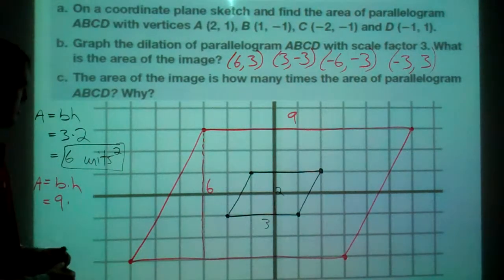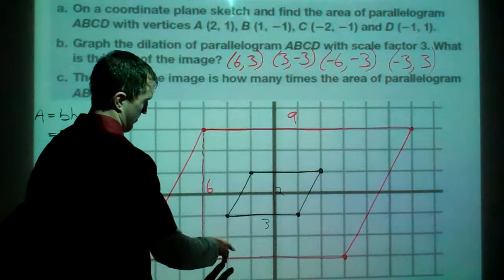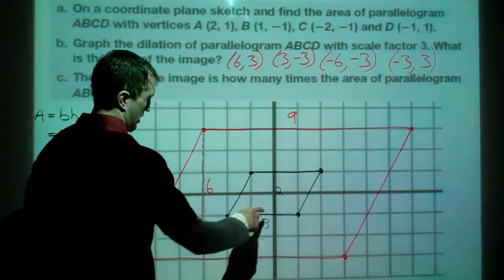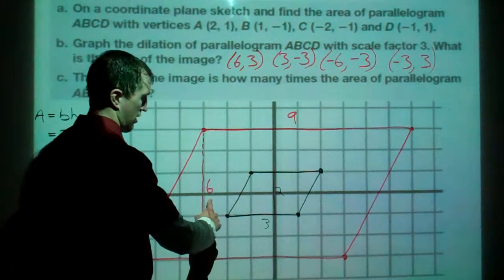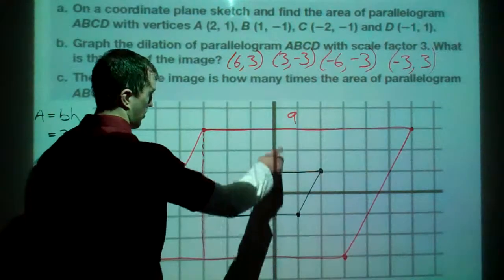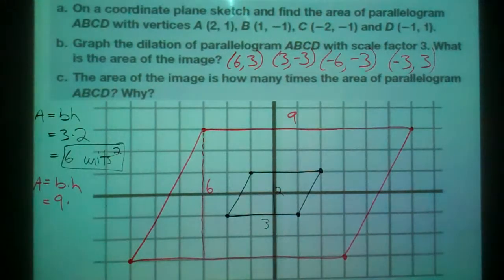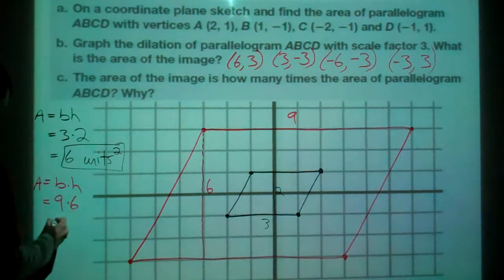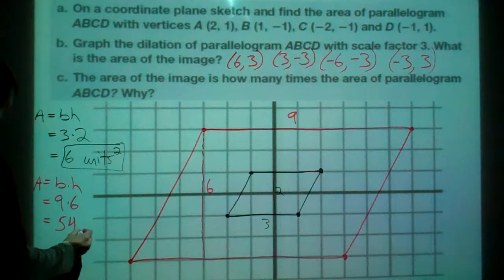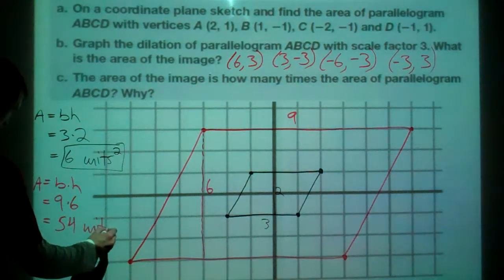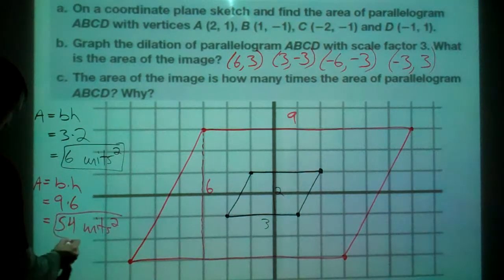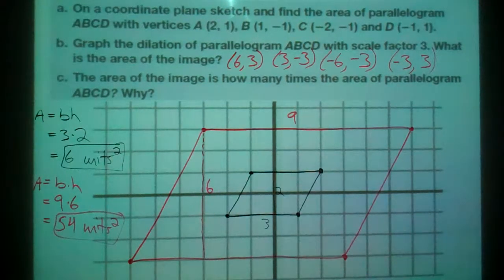So we should notice that proportional wise, 2 to 6 is times 3. 3 to 9 is times 3. So we've made each dimension bigger by 3, or 3 times as big, which makes sense because that was our scale factor. Alright, so our height is 6. And this is 54, 9 times 6, units squared. So there is our B, 54 units squared.